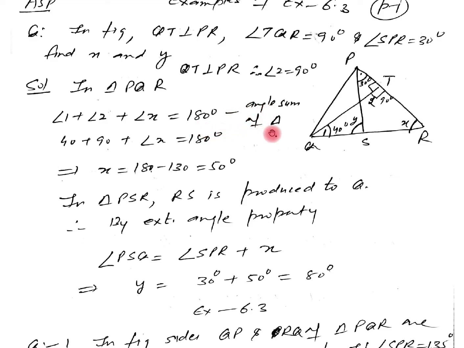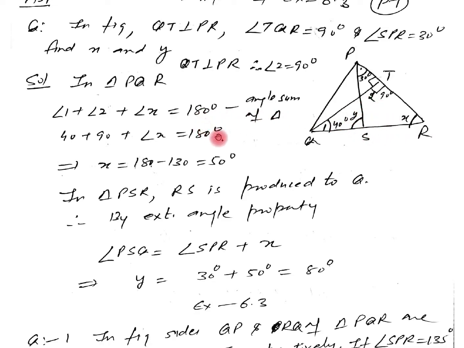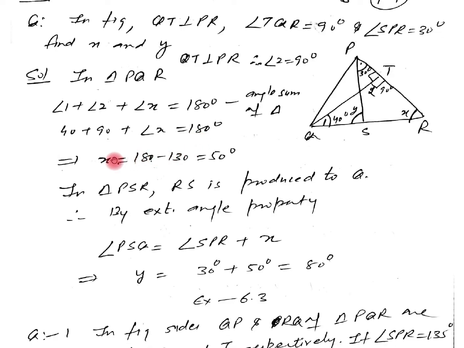We know the sum of the angles of a triangle is 180 degrees. Putting the value of angle 1 as 40 degrees and angle 2 as 90 degrees, plus X equals 180. Simplifying, we get X equals 180 minus 130 equals 50 degrees.